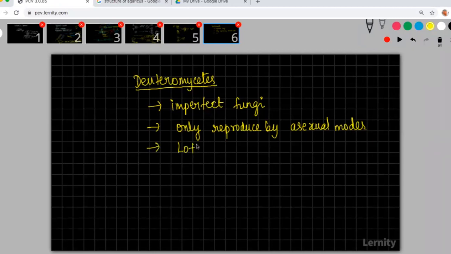Lots of them are parasitic. They cause a lot of diseases.